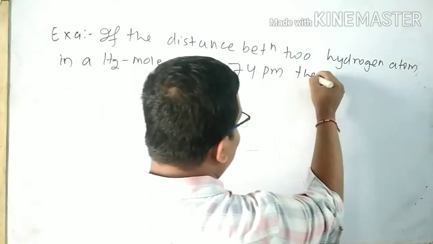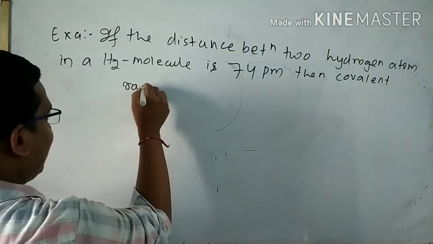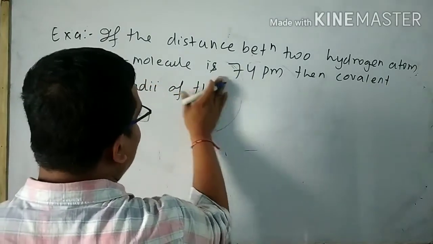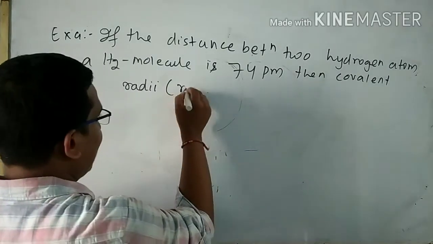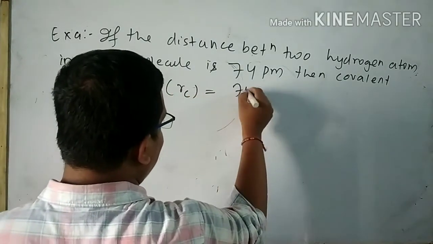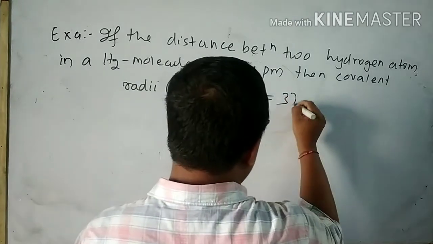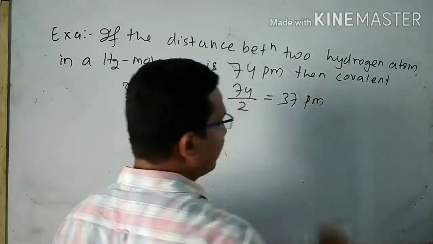Then we can write the covalent radii RC is equal to 74 by 2, equal to 37, that is your 37 pm.